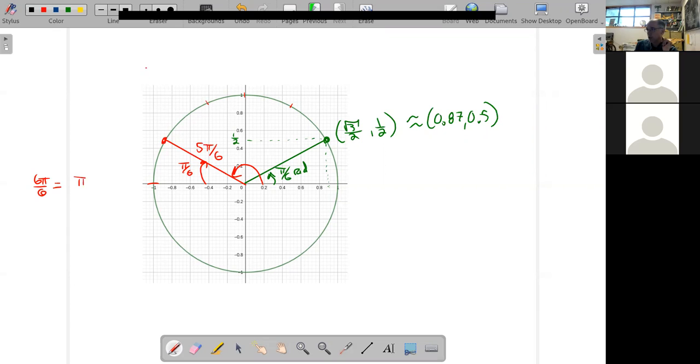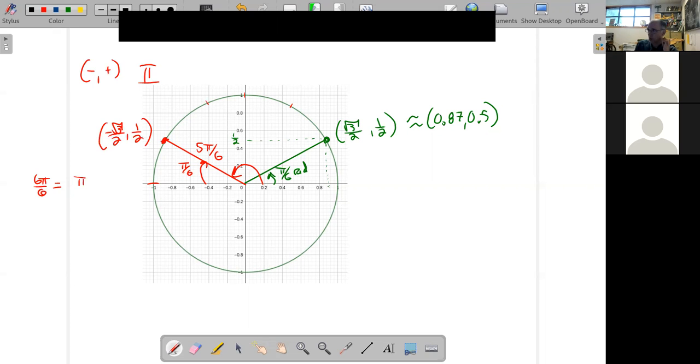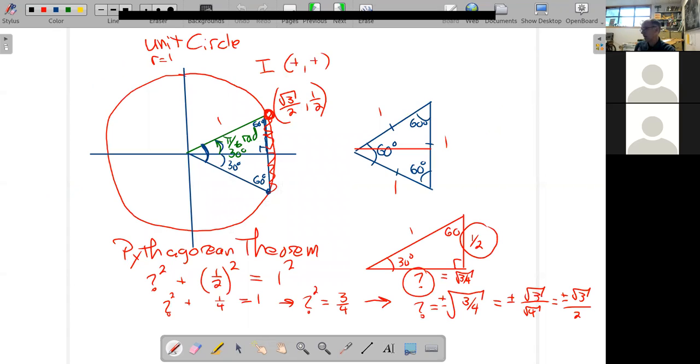Now I'm in quadrant 2 instead of quadrant 1, and in quadrant 2, x values are negative and y values are positive. And so this point right here, due to the symmetry of a circle, must be the point negative square root of 3 over 2, comma 1/2. So when I was solving this equation back here, and I got either the positive or negative square root of 3 over 2, the positive square root of 3 over 2 is related to this triangle, and the negative square root of 3 over 2, it turns out, was related to that one over there.